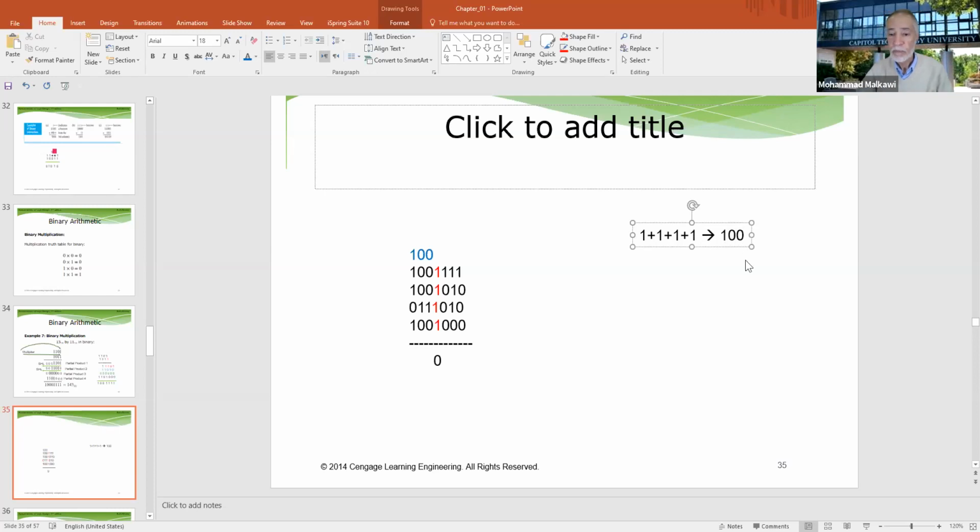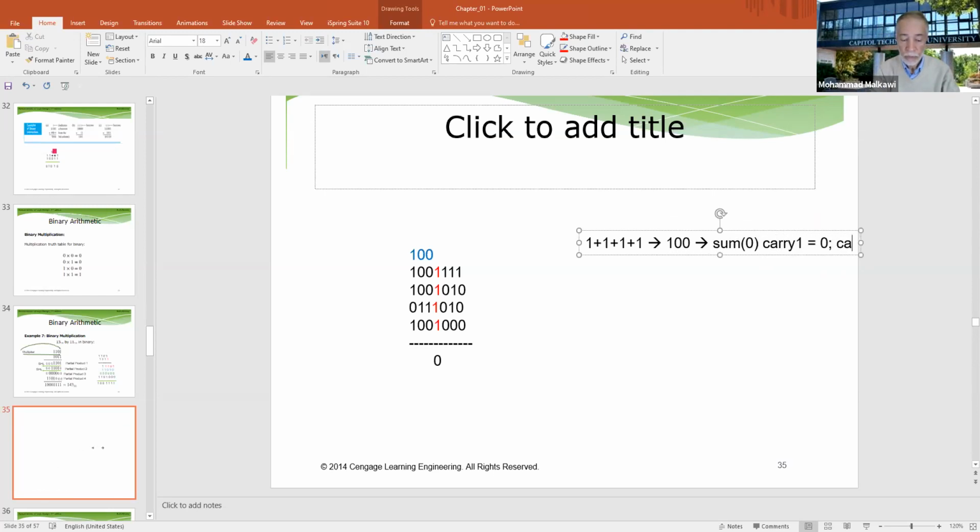So I will say sum is a 0, and I have 2 carries. Carry 1 equals 0, and carry 2, second carry, equals 1.